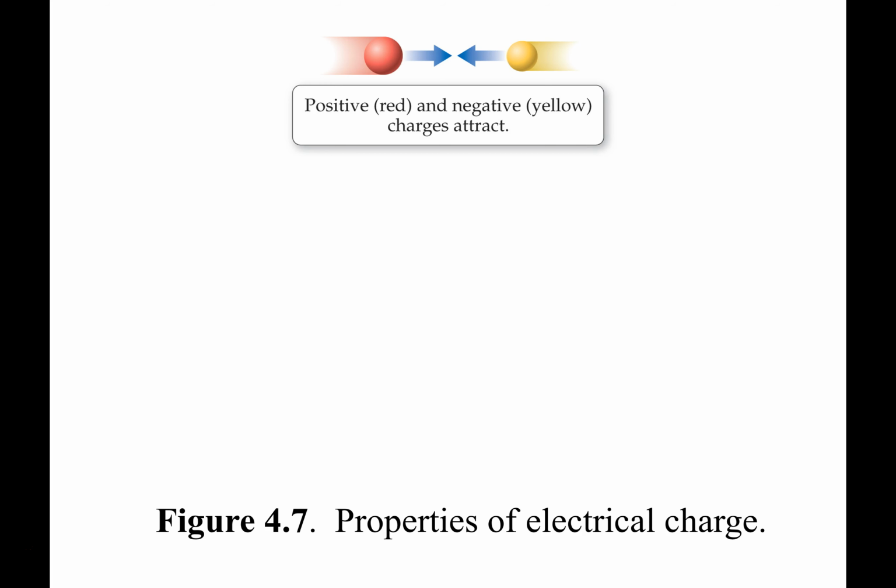As we've been talking about how an atom is structured, we have the nucleus with the positively charged protons and the neutrally charged neutrons, and electrons outside. This shows that the protons help the electrons stay associated with an atom. The red is positive and the yellow is negative.